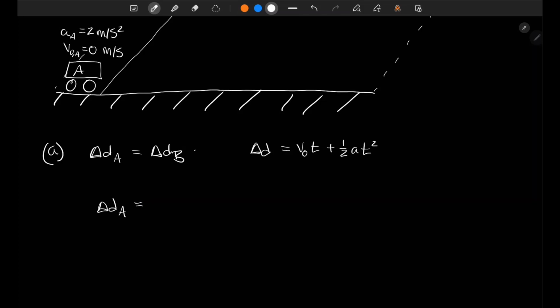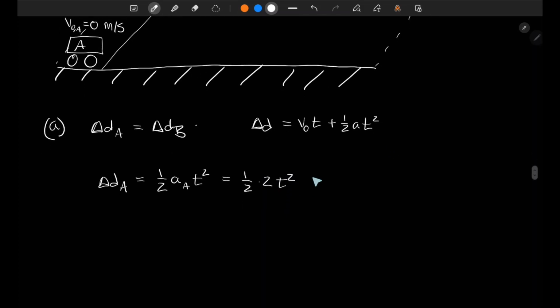So for car A it is 1/2 times A sub A times T squared. But we know that A sub A is 2 meters per second squared. So this is 1/2 times 2 times T squared, and that's just equal to T squared.